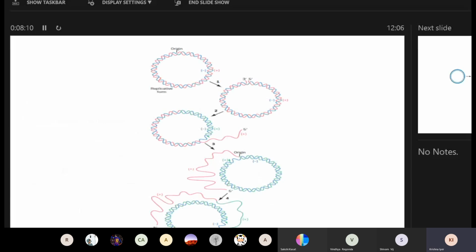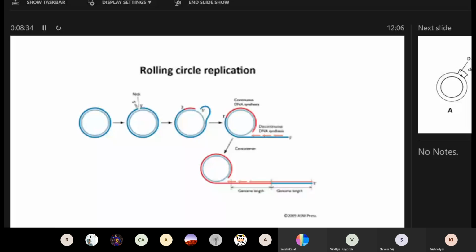I just put this in for completeness, because we talked about rolling circle replication, if you remember. Here it is shown more nicely. This is the double-stranded DNA. Then you have a little cut. Then it unwinds and releases. And when it is released, you get this strand being made kind of continuously in the 5' to 3' direction.